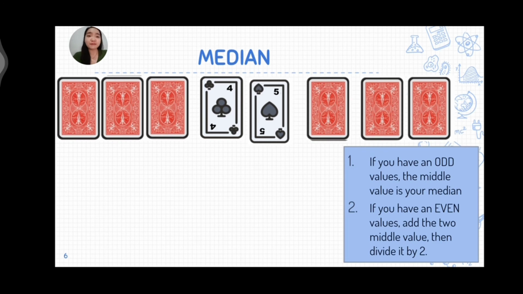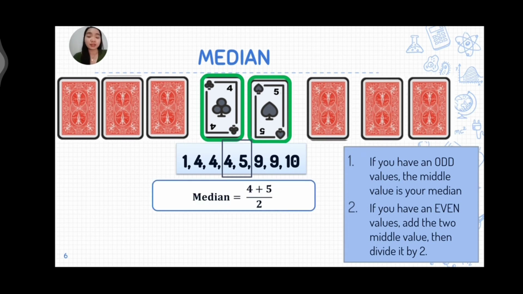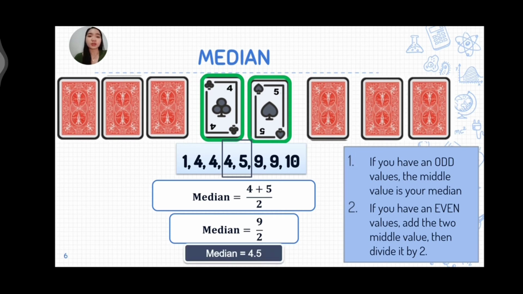We have 4 and 5. So what should we do here? Median is equal to 4 plus 5 divided by 2. The answer would be 9 over 2, or equal to 4 and 5 tenths.